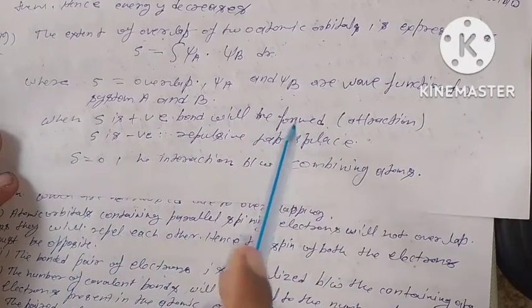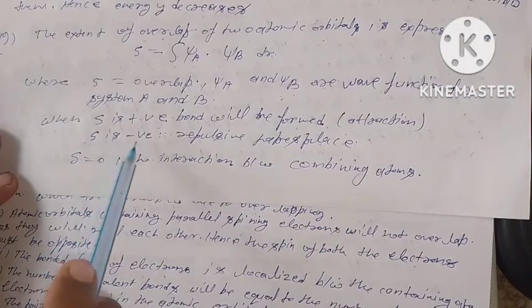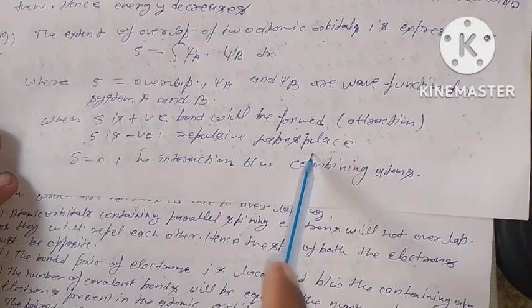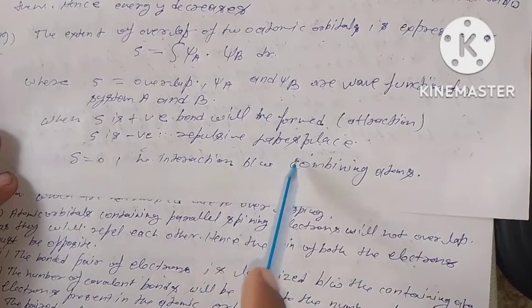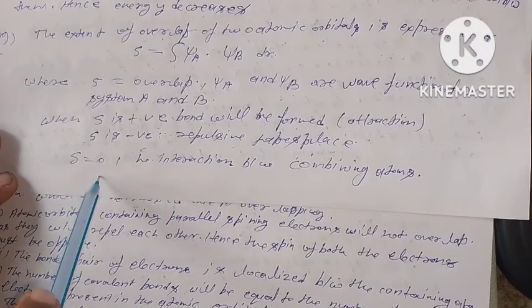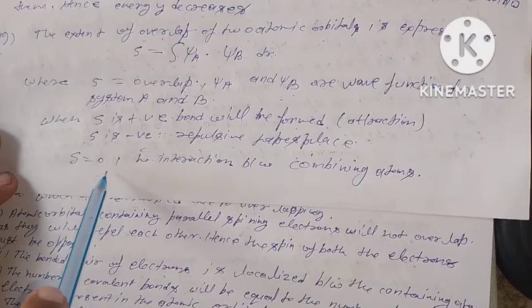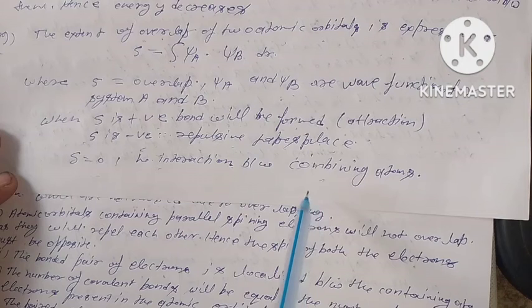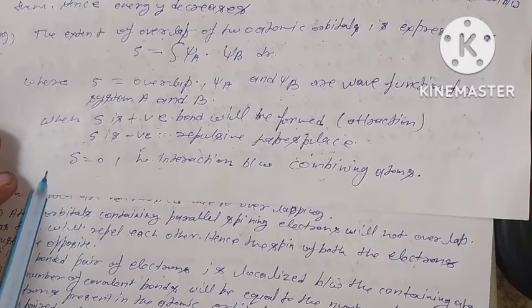S is negative, then repulsion takes place. If S is 0, that means overlapping is 0, no interaction between combining atoms.